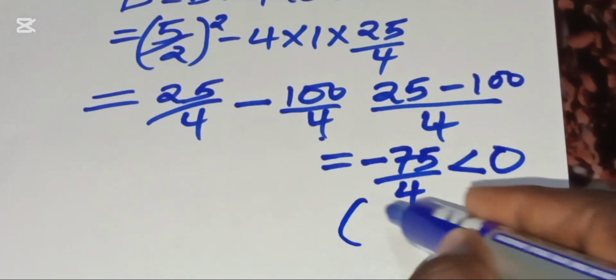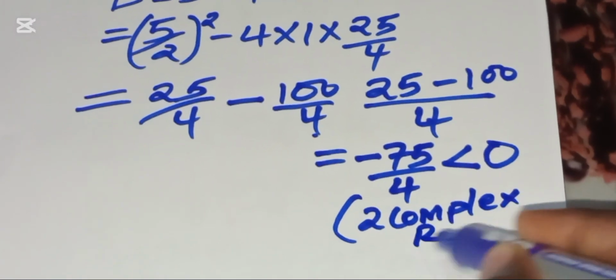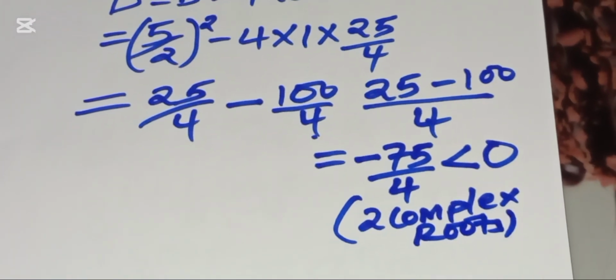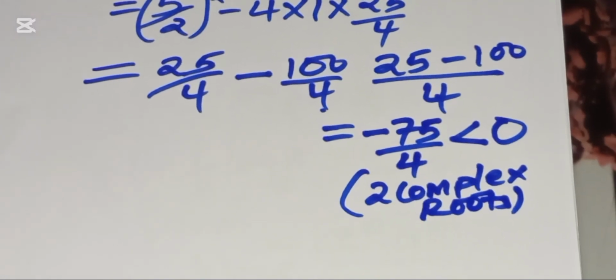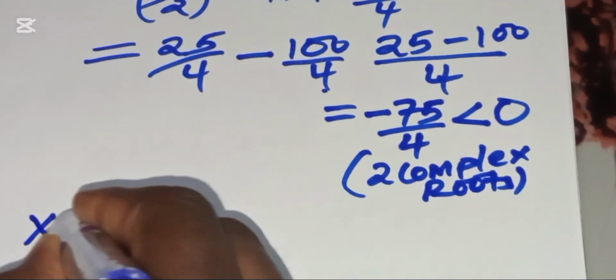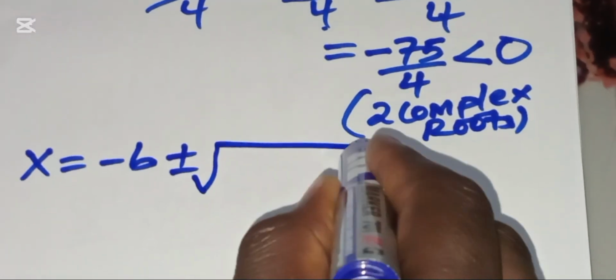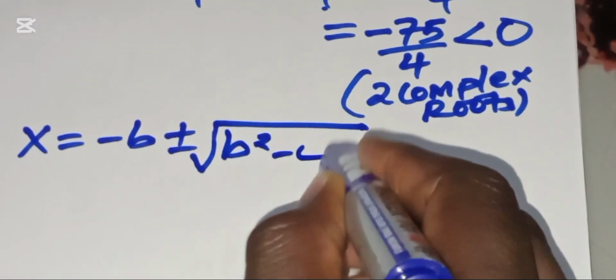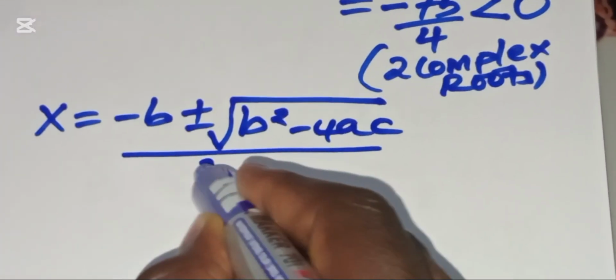So that means here we have two complex roots. Let's solve for these complex roots by applying the quadratic formula, which is negative b plus or minus the square root of b squared minus 4ac, divided by 2a.